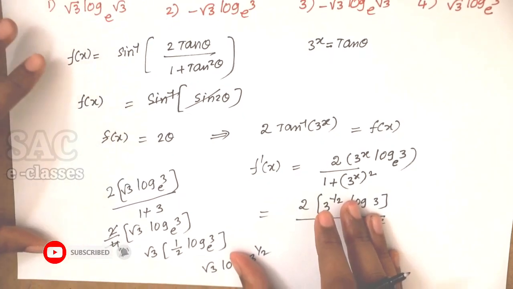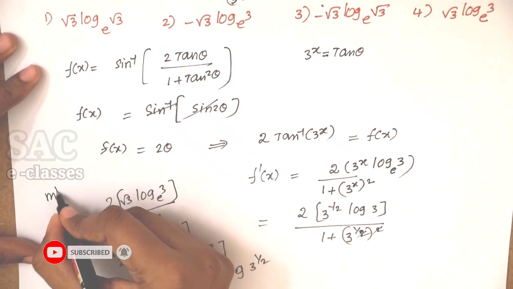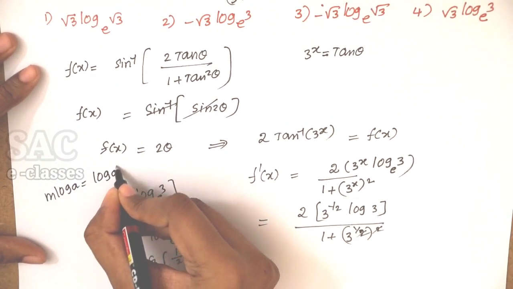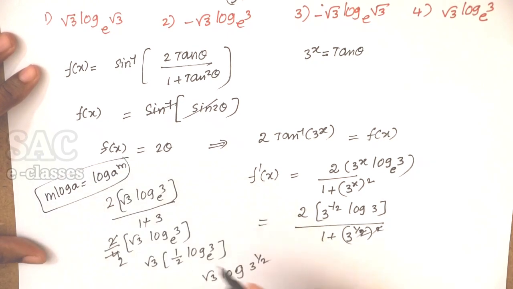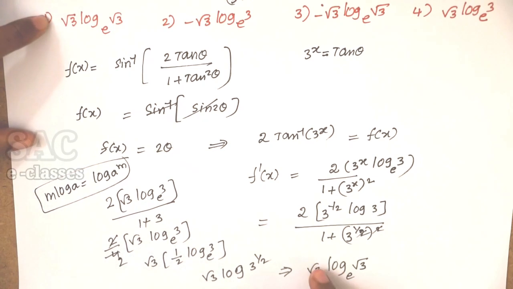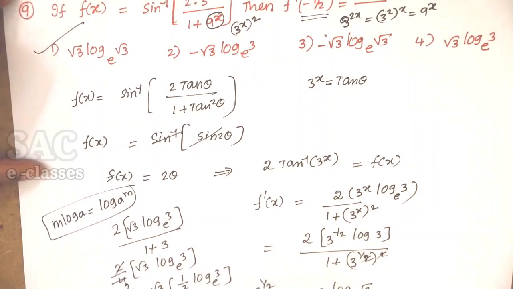We know that m log a can be written as log a power m. The same thing I have done. So root 3 log 3 power 1 by 2 is root 3 log root 3 to the base e. So the better option is option 1. Root 3 log root 3 to the base e will be the correct option.